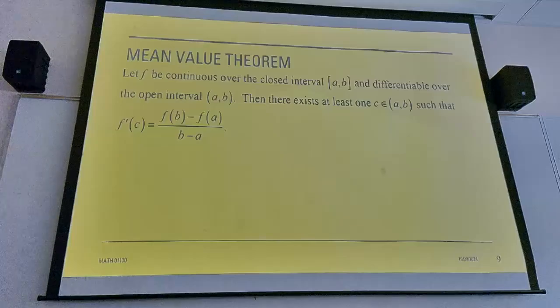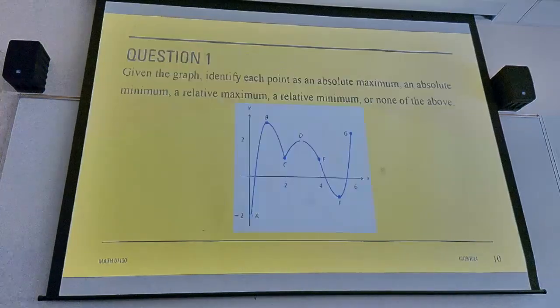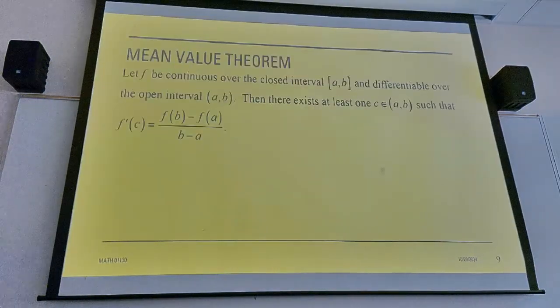There may be multiple points, but there's guaranteed to be at least one point in time where you're going exactly 60 miles per hour. That's what the mean value theorem is saying. It's very important. And Rolle's theorem is used to prove this. And this will be used to prove some things later.